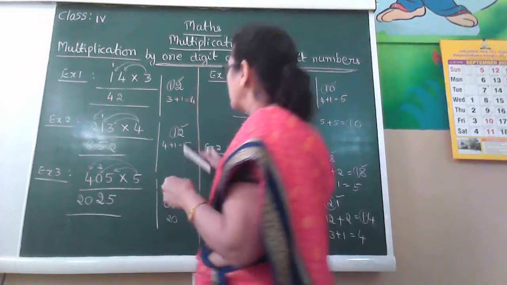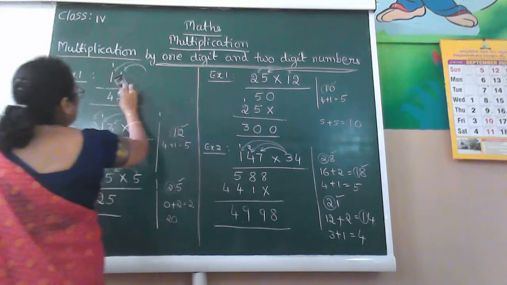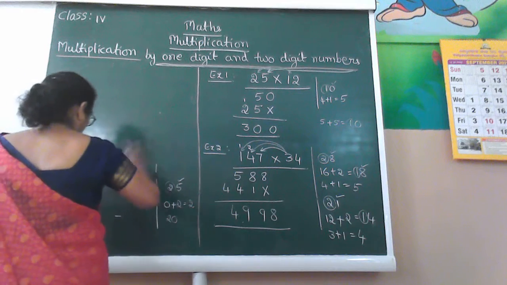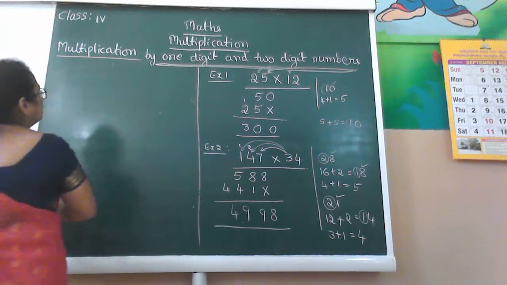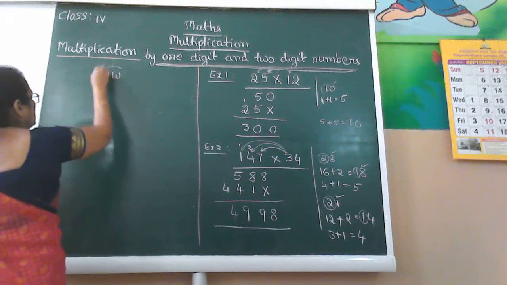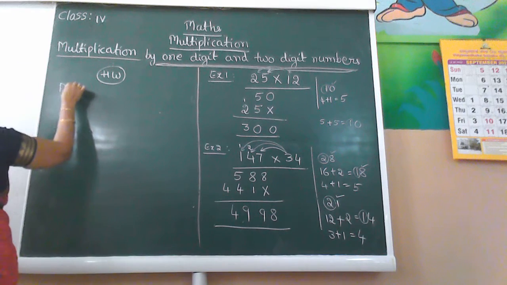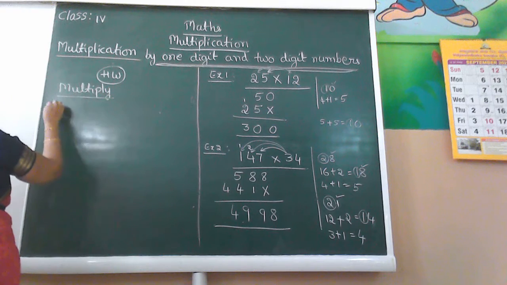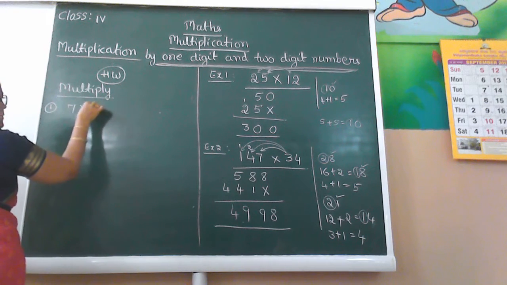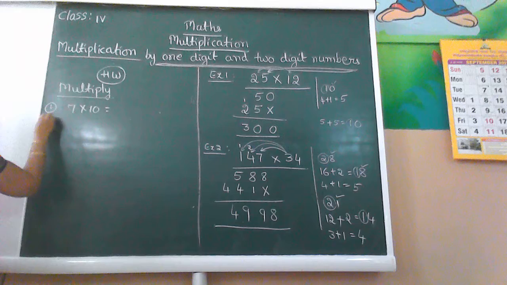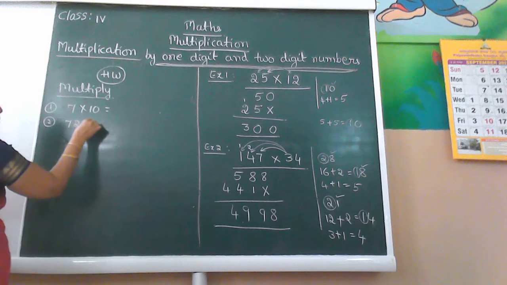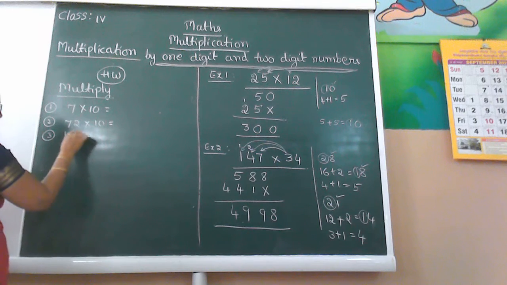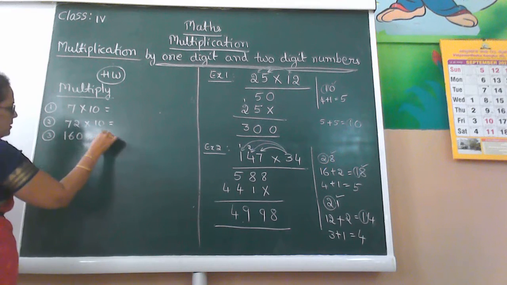So I will give you some assignment, children. You do it at home. Homework. Multiply. First, 7 into 10. Second, 72 into 10. Third, 160 into 10.